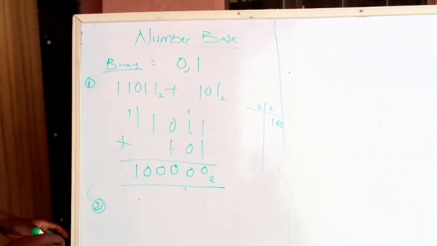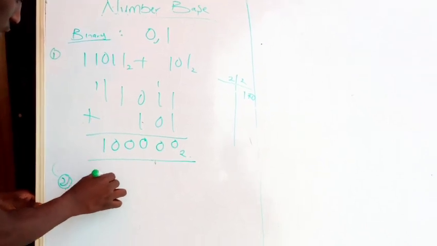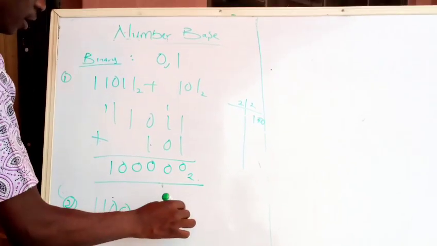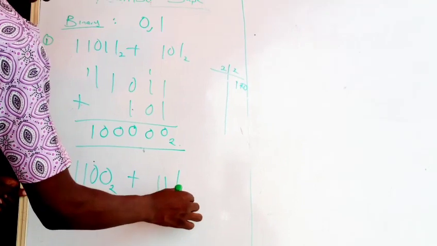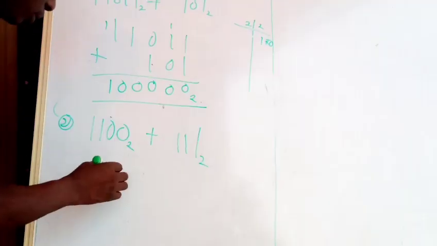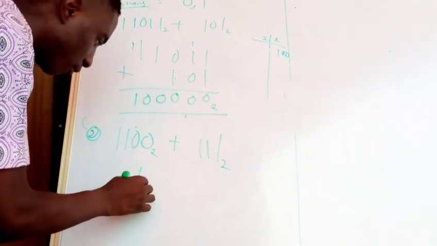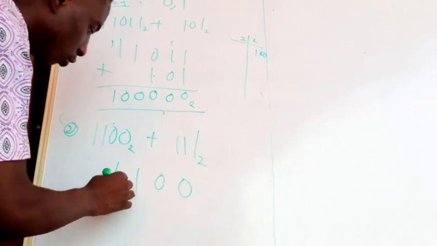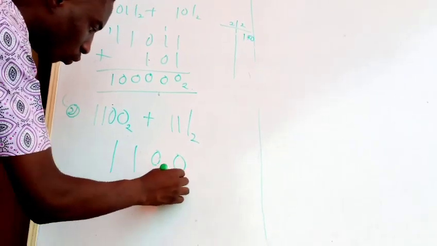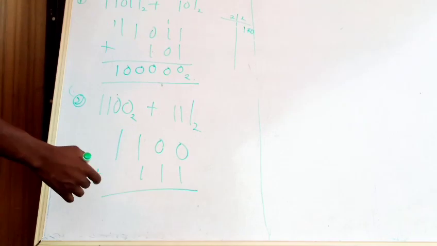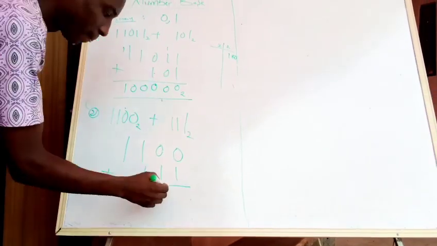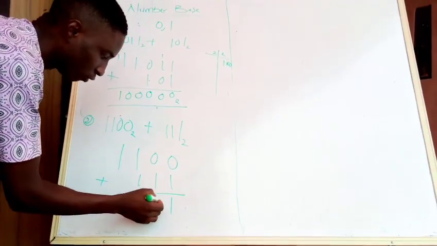Example 2. Let's say we are given 1100 in base 2 plus 111 in base 2. So for me to solve this just the way we did earlier, we have 1100 plus 111. 0 plus 1 of course is 1, and 1 is a base 2 number. So I have my 1. 0 plus 1 of course is 1.